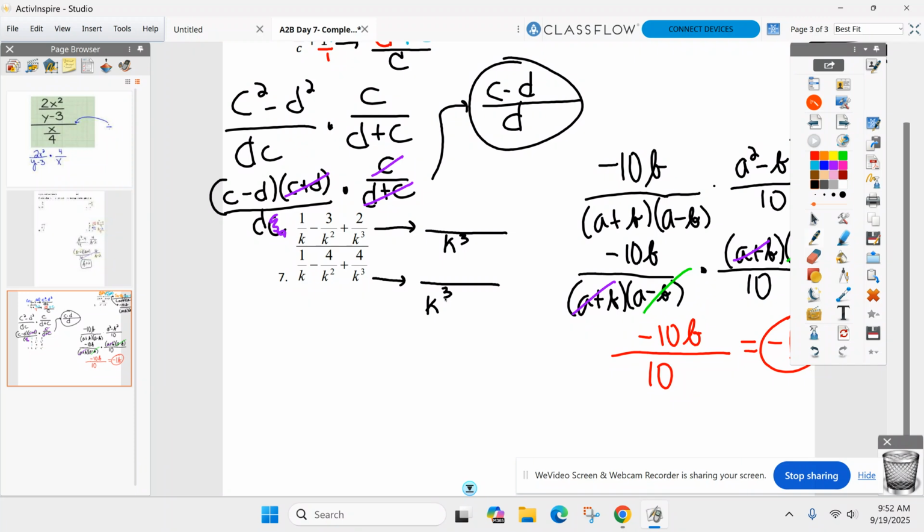We're on day 7 in Google Classroom. Your numbers do multiply to 2, but they don't add to -3.